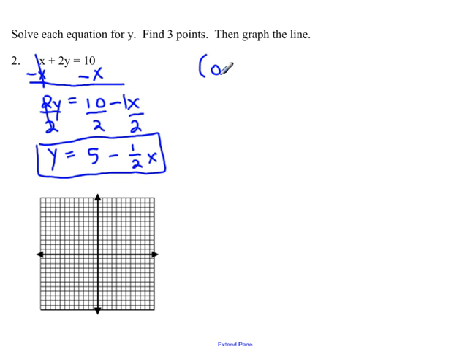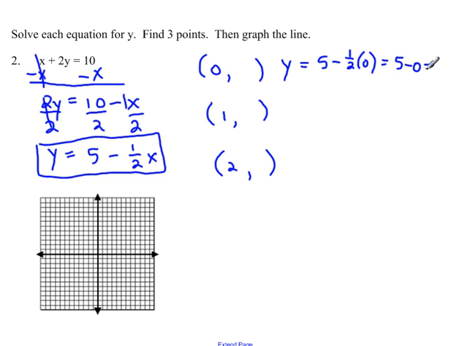Okay, let's find those 3 points, plugging in 0, 1, and 2 for x. When I plug in 0 for x, I get 5 minus 1/2 times 0. Multiplication first, I get 5 minus 0, which is 5. So the point 0, 5 is one of the points on the line. Plug in 1.